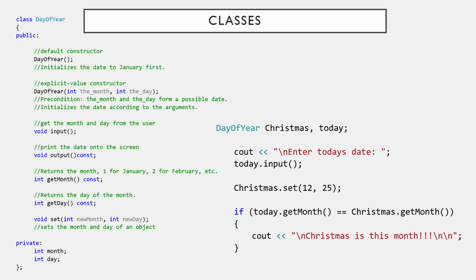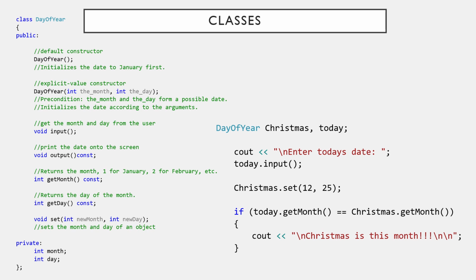So here's an example. The idea is that when you design a class, you come up with all different kinds of options on how to create and manipulate and do things with objects in your class.